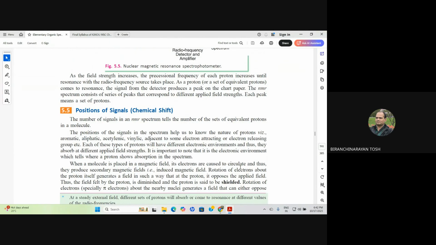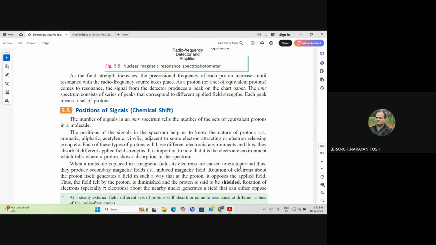Depending upon the environment, each type of proton will give a specific absorption or resonance at a specific field strength. The rotation of electrons about the proton itself generates a field that opposes the applied field, or it may enhance it.